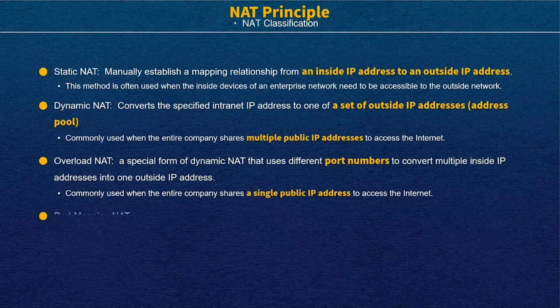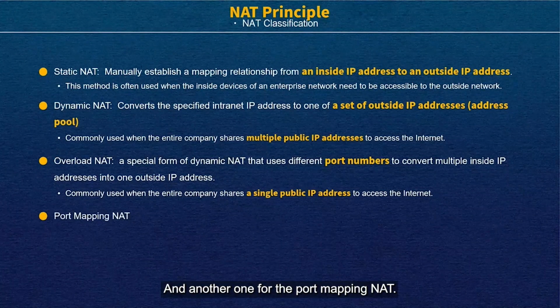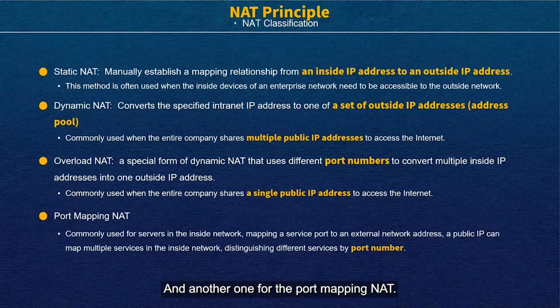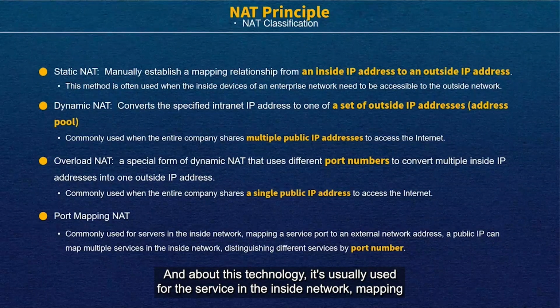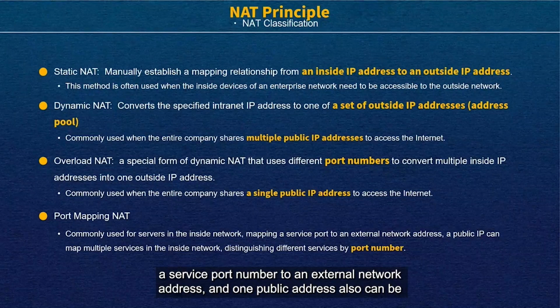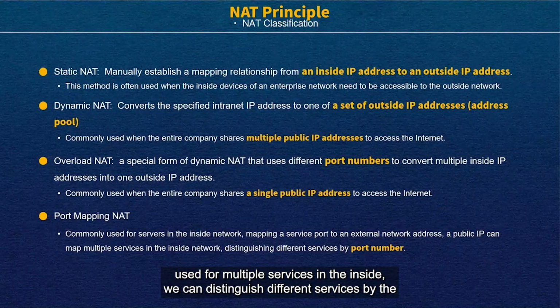And another one is port mapping NAT. This technology is usually used for services inside the network, mapping a service port number to an external network address. And one public IP address can also be used for multiple services inside.